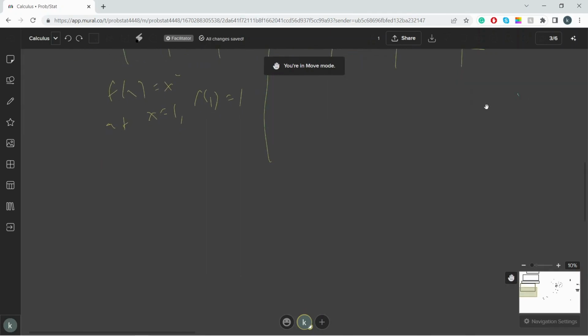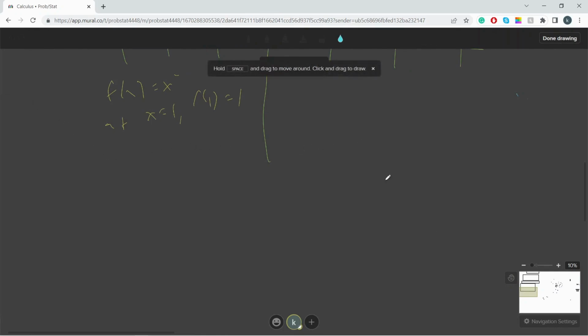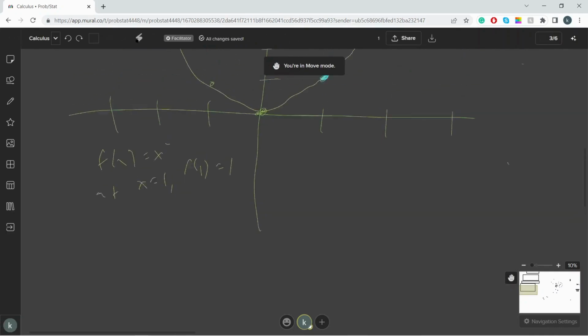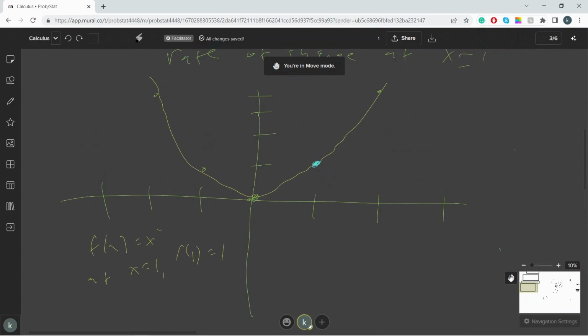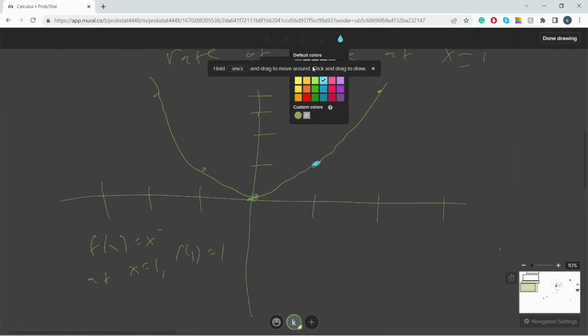I'm going to pick a couple of points that are close to this blue point right here. For example, a starting point that we could use as our second point could be this point right here. This is (2, 4), because f of 2 equals 4 in the function f of x equals x squared.